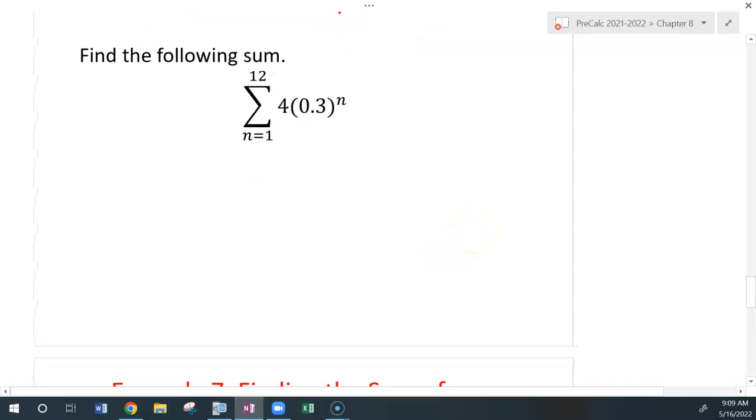So this is going to equal 4 times 0.3 to the 1, which looks like this. So 4 times 0.3 to the 1 plus 4 times 0.3 to the 2 plus 4 times 0.3 to the 3, and we just keep going until we get 0.3 to the 12.